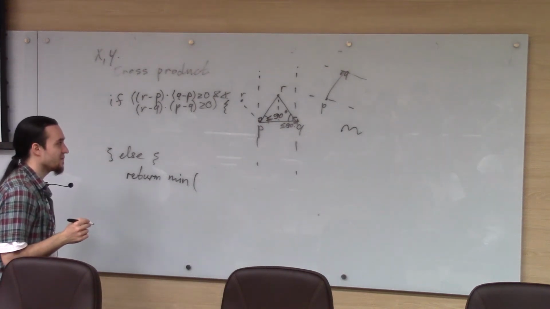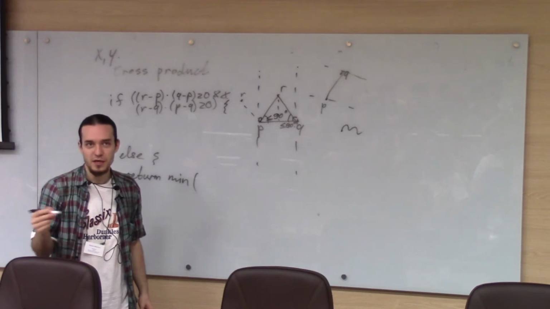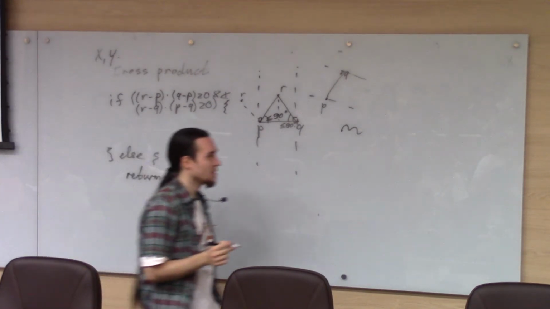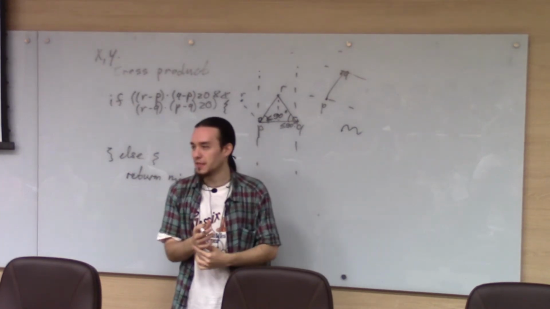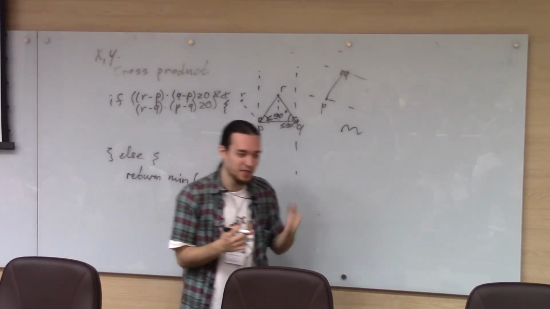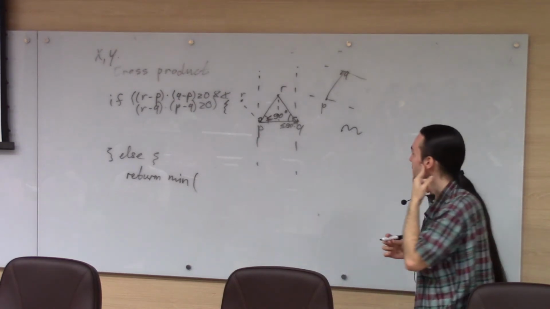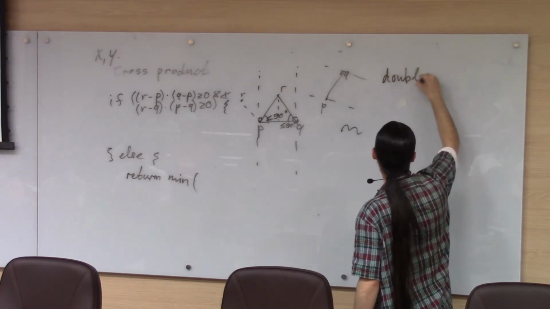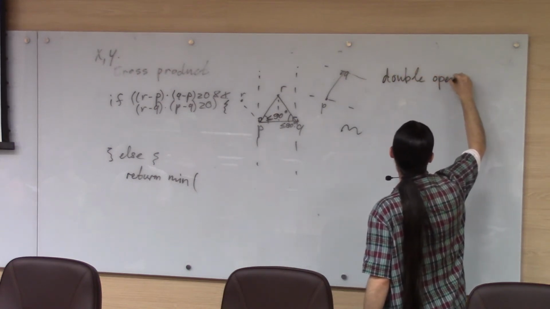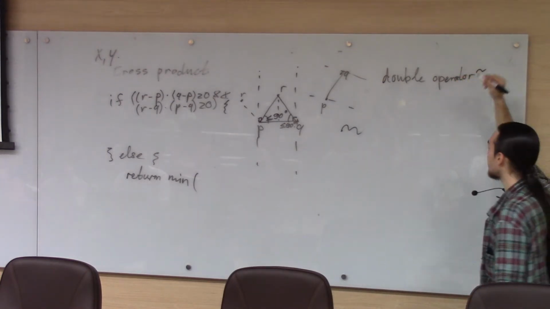If you're going to use the length of vectors a lot, and sometimes you do, you may want to define another operator that computes the length of the vector. I usually use the unary operator, which goes something like double operator tilde, I think.